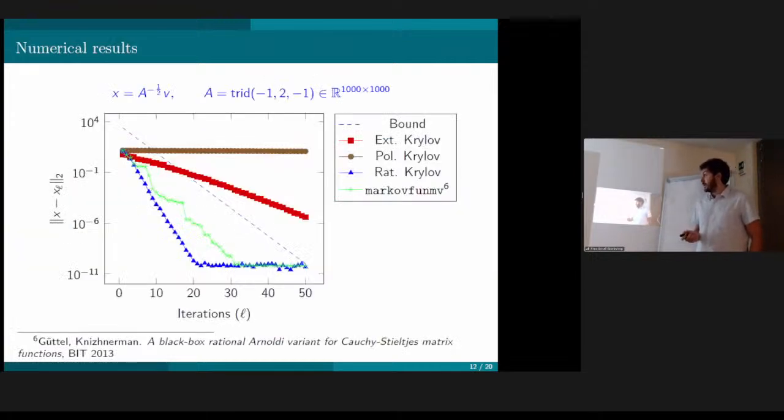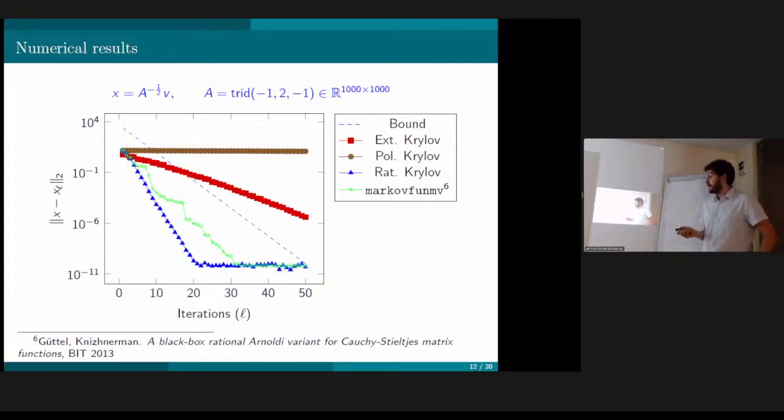And so we give it a try, and we try this choice of poles, and we compare with some usual choices for the Krylov subspaces. So we have, for example, polynomial Krylov that we know does not converge at all. Then we have standard Krylov where we just alternate 0 and infinity as poles. And then we have what we think is the state-of-the-art method for this kind of problem.